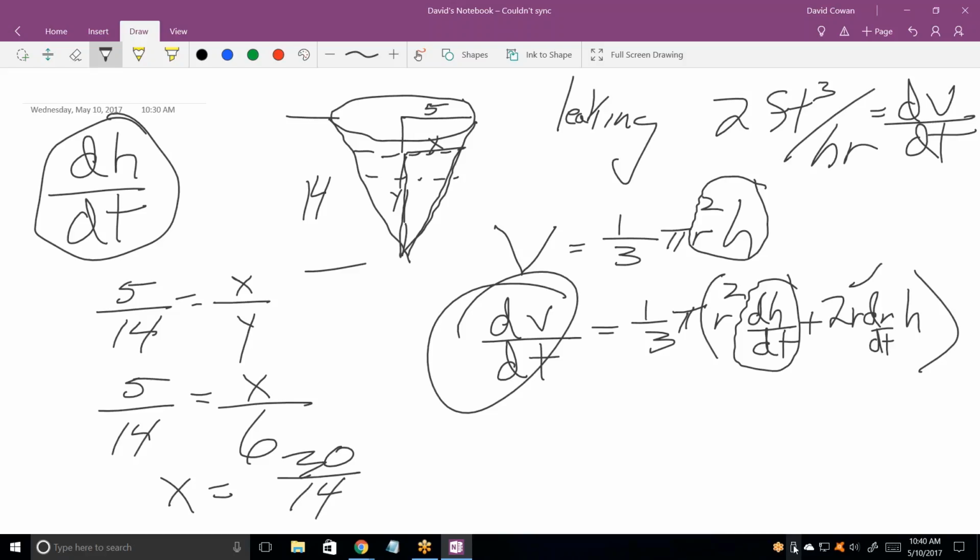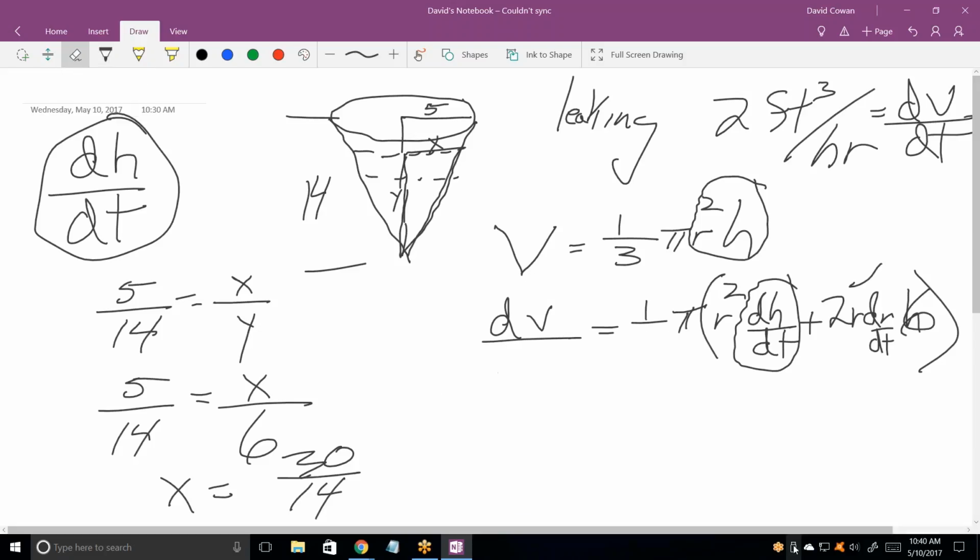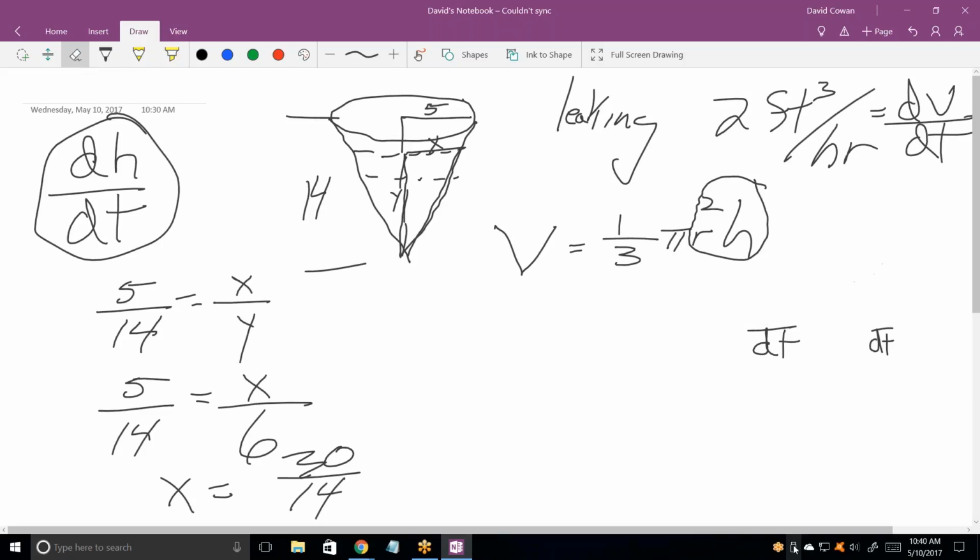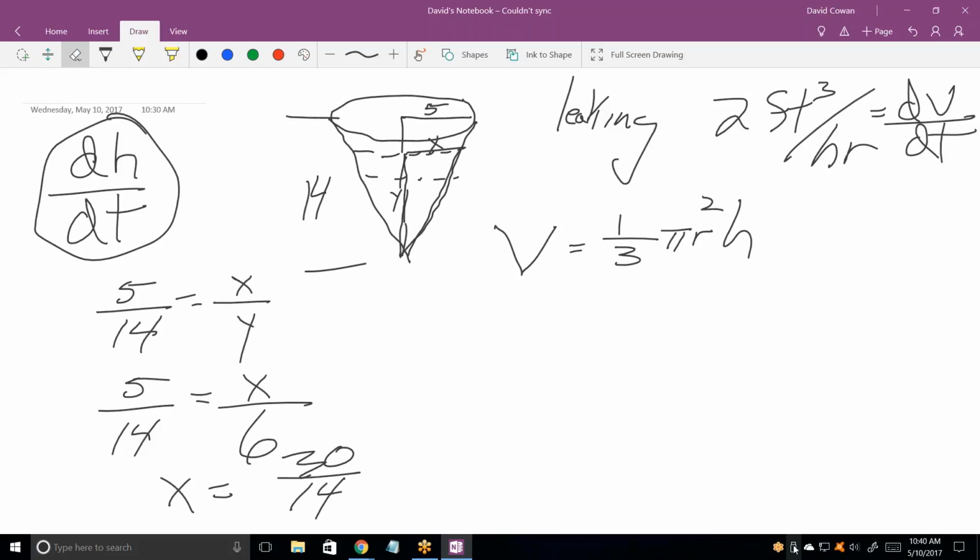And we know what the h is at this point, it's a 6, but we don't know what dr/dt is. So we've got two variables, and we can't solve it. So back to my original method, which is to try to write this equation in terms of one variable only.